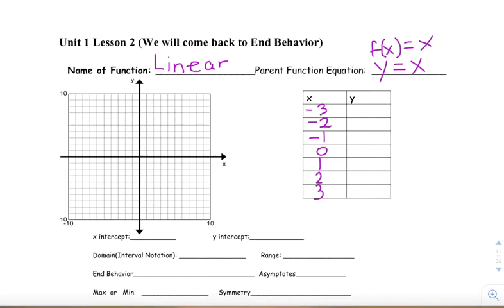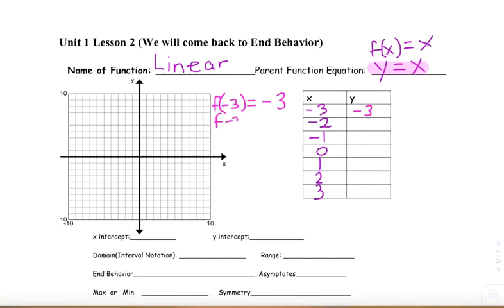Then what you will do is you have a formula in front of you. You have an equation that you can use to evaluate. Well, with the linear parent function, we know it's pretty straightforward. But let's just model this, that if we go f of -3, what we're really saying is we're plugging in -3 in the place of x. Well, when I do that, it's just equal to -3.